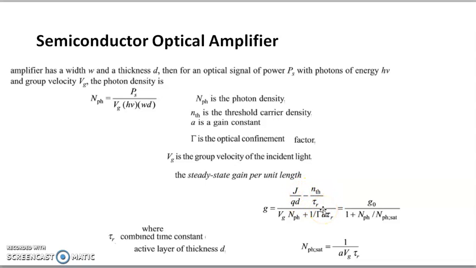Tau R is a time constant, d is the thickness, and G0 is the gain for the initial condition, or the saturation photon density gain.